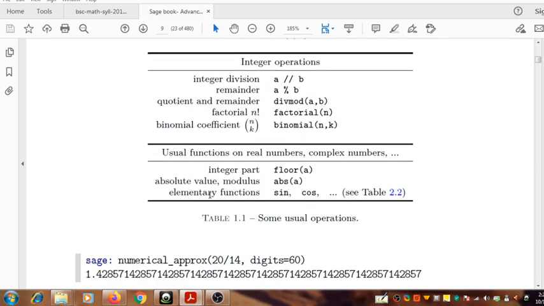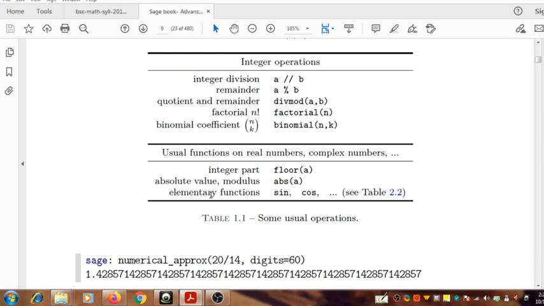And then there are a set of elementary functions that we mainly use in mathematics, and those elementary functions have their own representation in SageMath. They are, for example, sine, cos, etc., and those functions are given in a table here.